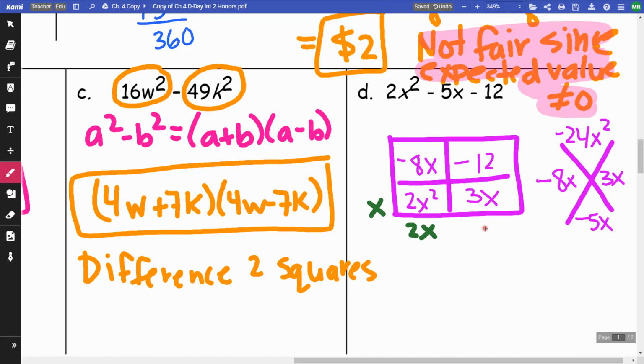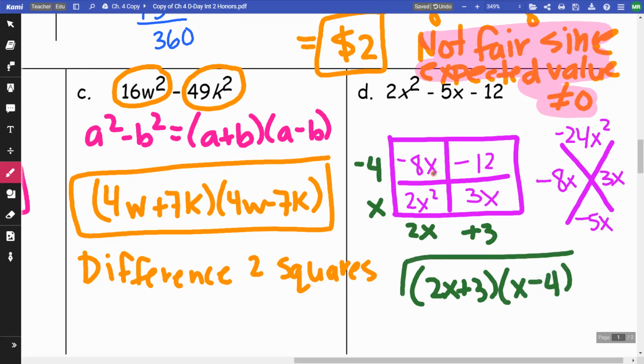X times 3 will get us this 3x, and 2x times a negative 4 will get us the negative 8x. And so my factors are going to be 2x plus 3 times x minus 4. We like to write the x's in front instead of writing it as a negative 4 plus x, for example. It just looks a little cleaner this way.